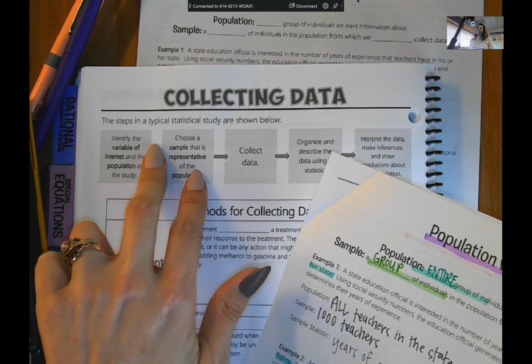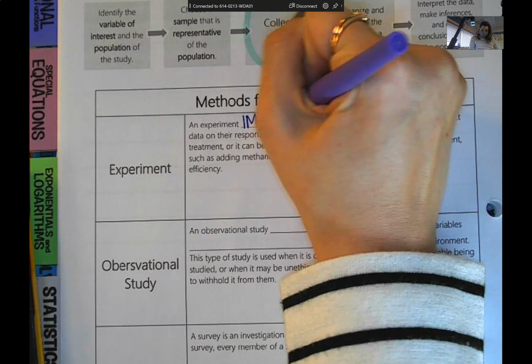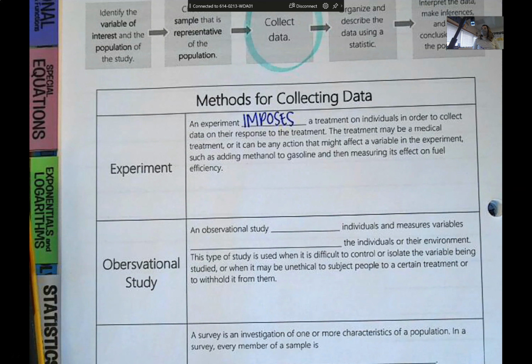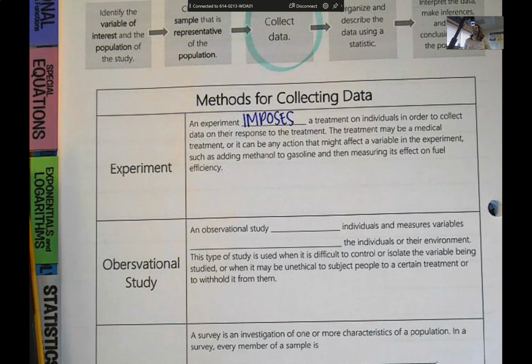So there's 4 different things that we could do. The first one is an experiment. So I'll read you the box and then I'll give you a concrete example. An experiment imposes a treatment on individuals in order to collect data on their response to the treatment.